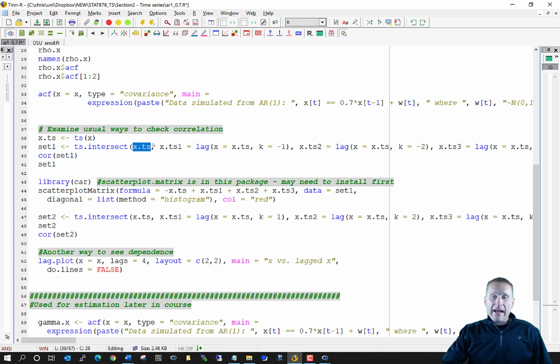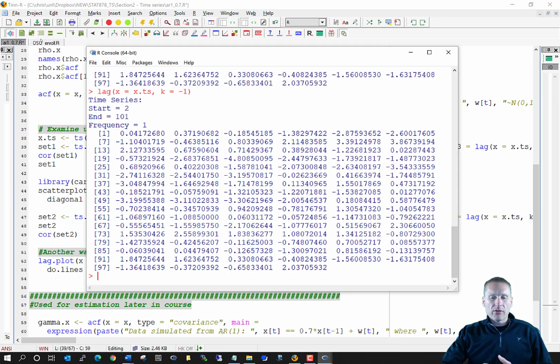Where I'm going to take the x.ts that I just formed, and then I'm going to go down 1 time period and form x.ts1, and what it's going to be equal to is the following. I'm going to use a function called lag to basically shift everything down 1 time period. So k corresponds to how I'm shifting it down 1 time period. So let me actually execute that segment of code so you can see it.